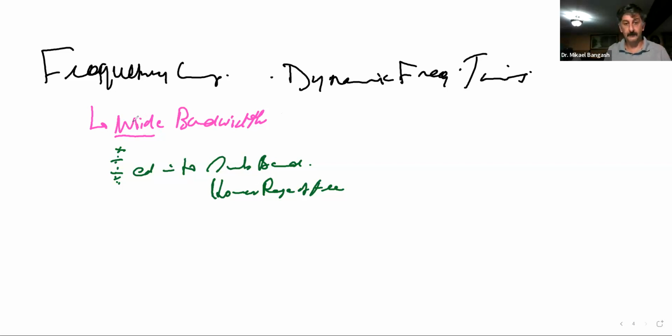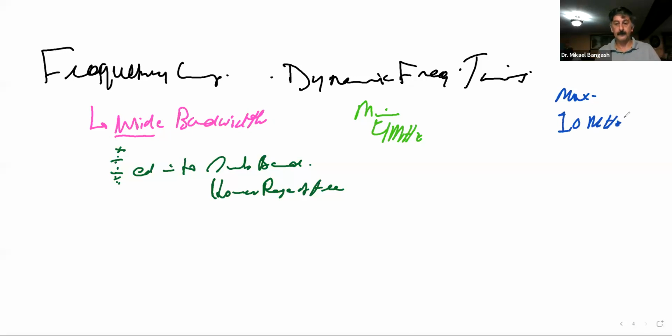For instance, we said that the minimum frequency of the transducer was, let's say, 4 megahertz, and the maximum frequency of the transducer was 10 megahertz.